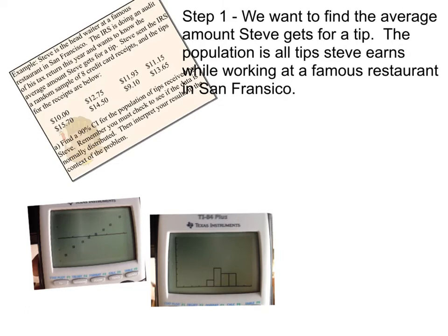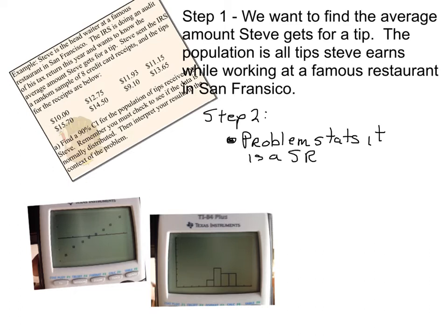Step 2. Check conditions. First of all, the problem states that it's a simple random sample. Second, we're going to check for independence.